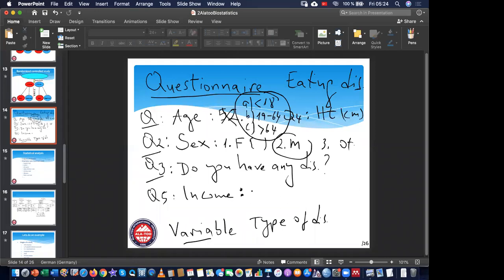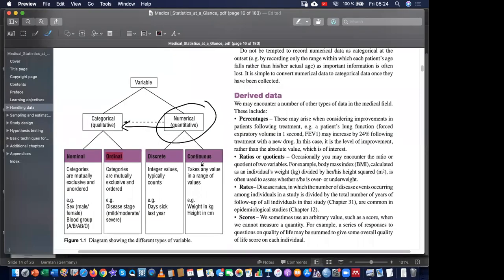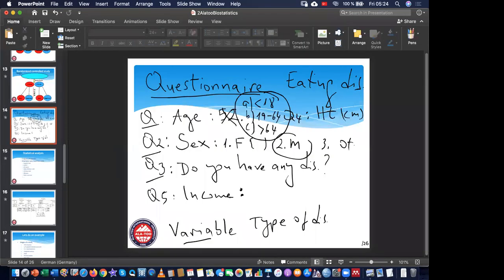The same is true for income. Income is numerical continuous data. Income can have decimal places, okay? It is numerical, but we can categorize it. Less than 70,000.